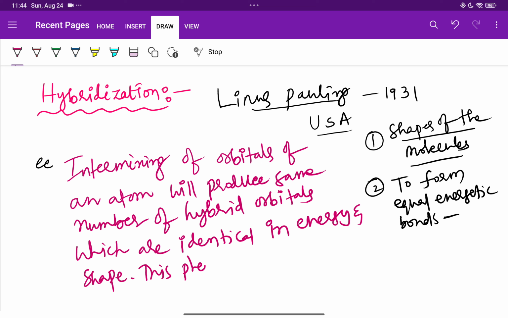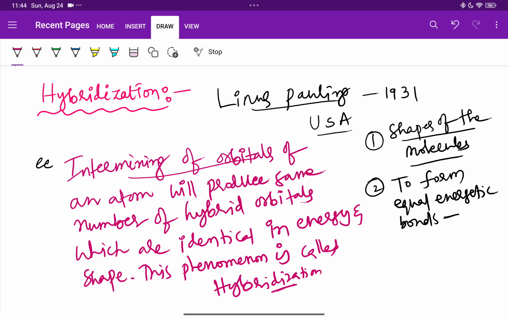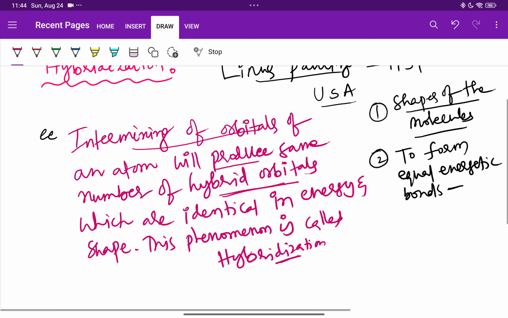This phenomenon is called hybridization. A very simple definition, children. That is, intermixing of atomic orbitals will produce hybrid orbitals. So atomic orbitals are giving hybrid orbitals. This phenomenon is called hybridization.